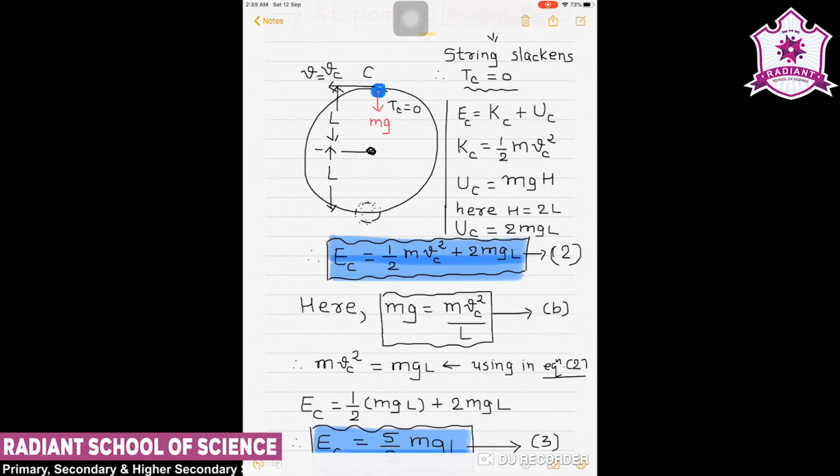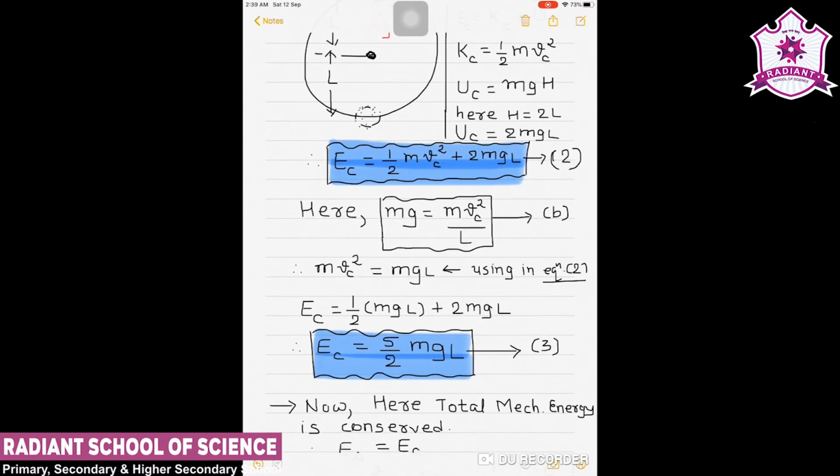Now using this information in equation number 2, when we put the m vc square value as equal to mgL in equation number 2, we have another expression for the mechanical energy at point C: EC equals 1/2 in the bracket mgL plus 2mgL.